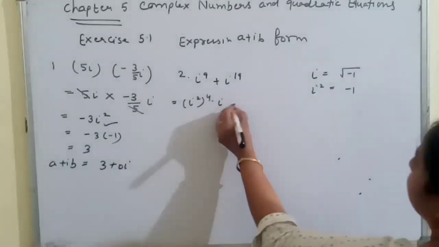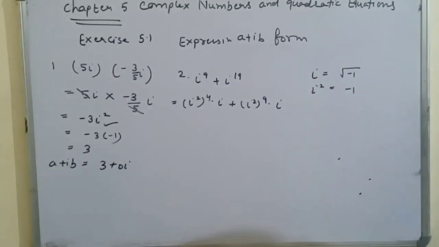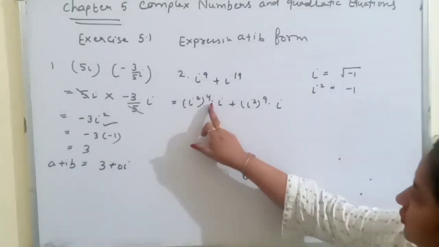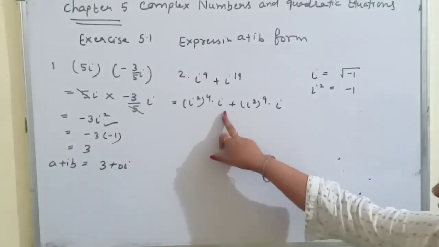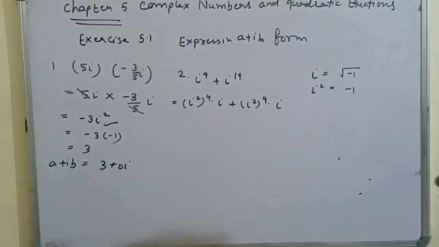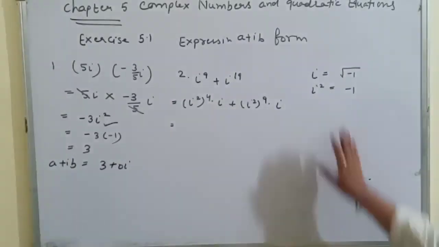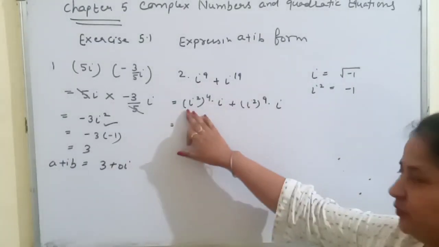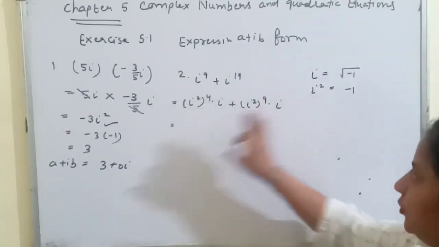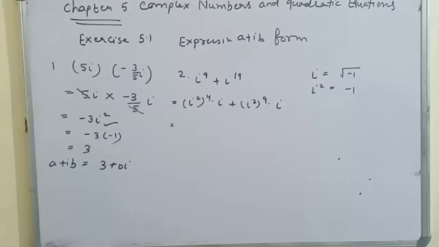And iota 19 is iota square power 9 into iota. You can see here 4 times 2 is 8, 8 and 1 is 9; 9 times 2 is 18, 18 and plus 1 is 19. Why am I writing like this? Because we know it very well: iota square is minus 1. So in place of iota square we will substitute minus 1.